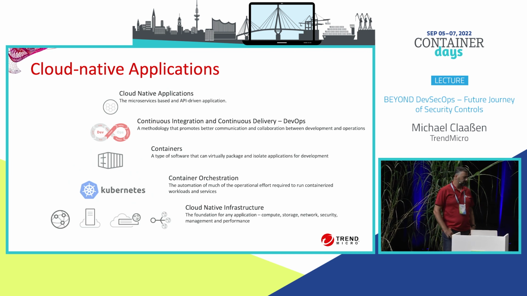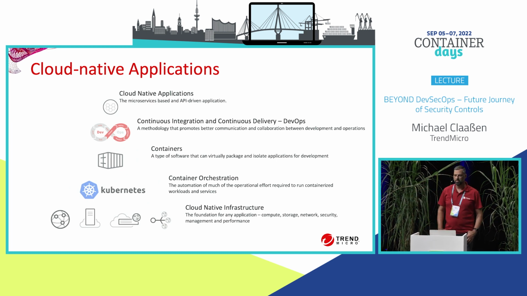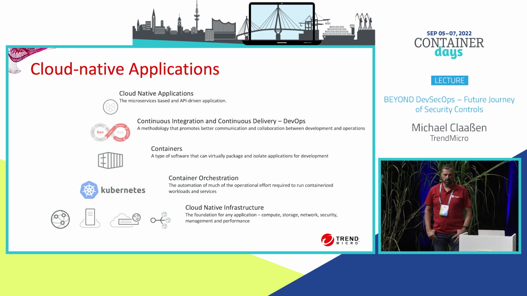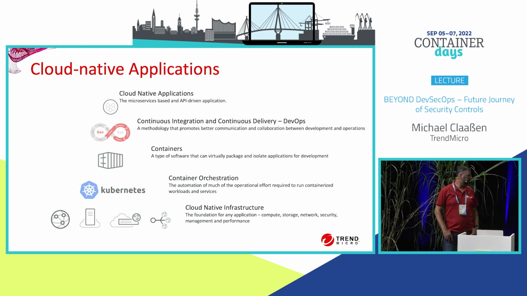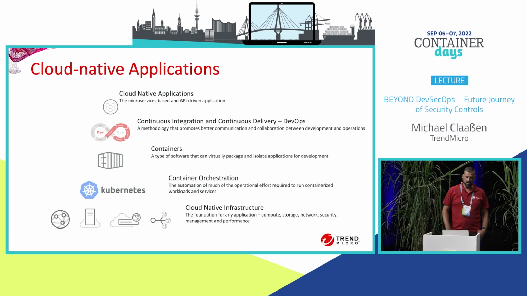Infrastructure like compute power, storage, network, security, compliance, governance, and all that stuff as well. And cloud-native because those infrastructures are mainly deployed programmatically, as infrastructure as code, for example. Therefore, we say cloud-native infrastructure in this case.